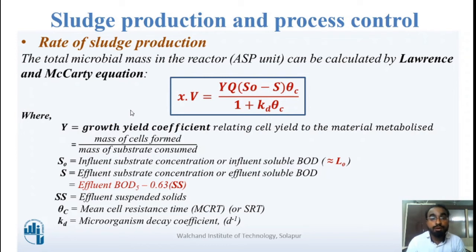And if we are talking about the volume and the flow rate, automatically the HRT will also come into place, because Q is equal to V divided by T, that is volume divided by HRT. By that we get the flow rate of influent. So indirectly the HRT, that is hydraulic retention time, will also be one of the parameters for sludge production.